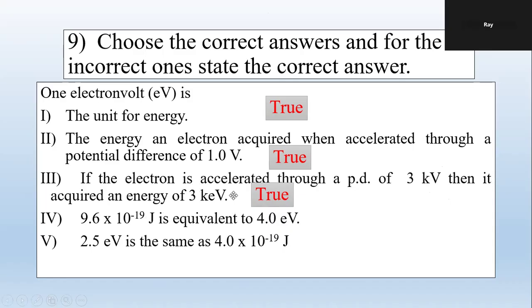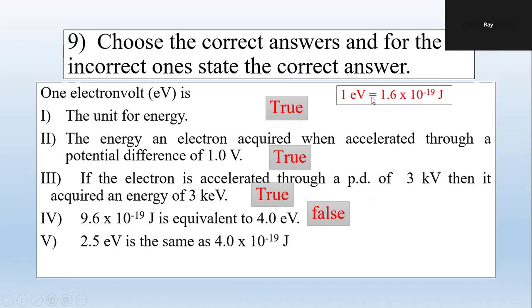How about this one? Is it correct or not? I think it's false. What's the correct answer? That's 1 electron volt is 1.6 times 10 to the power minus 19 joule.